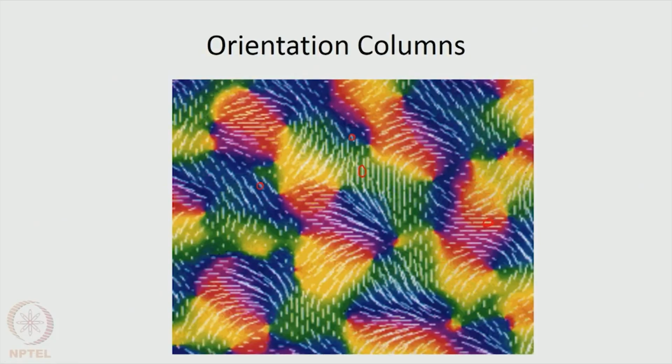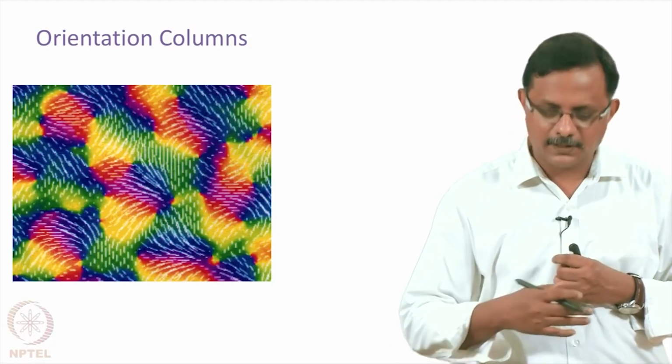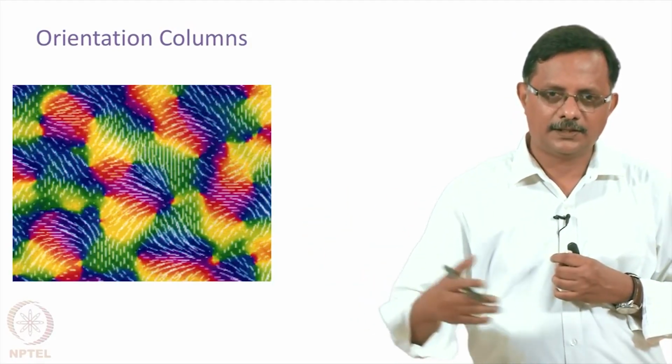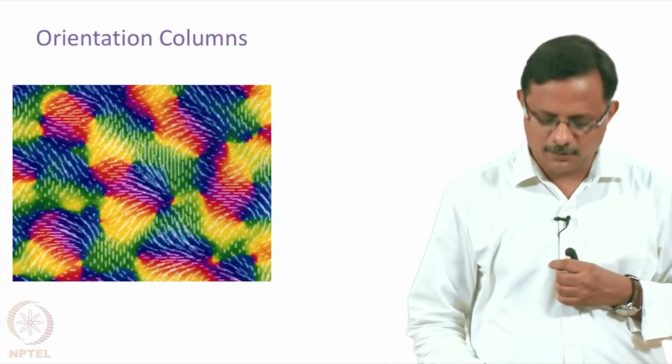Similarly, the green color indicates vertical orientation, that means neurons in this part of the map respond to vertical lines, and so on. Yellow indicates an orientation of about 45 degrees, and so on. So, you see how different neurons respond to different kinds of orientation in this map, and there is a gradual variation of orientation from point to point as you go over this cortical surface.